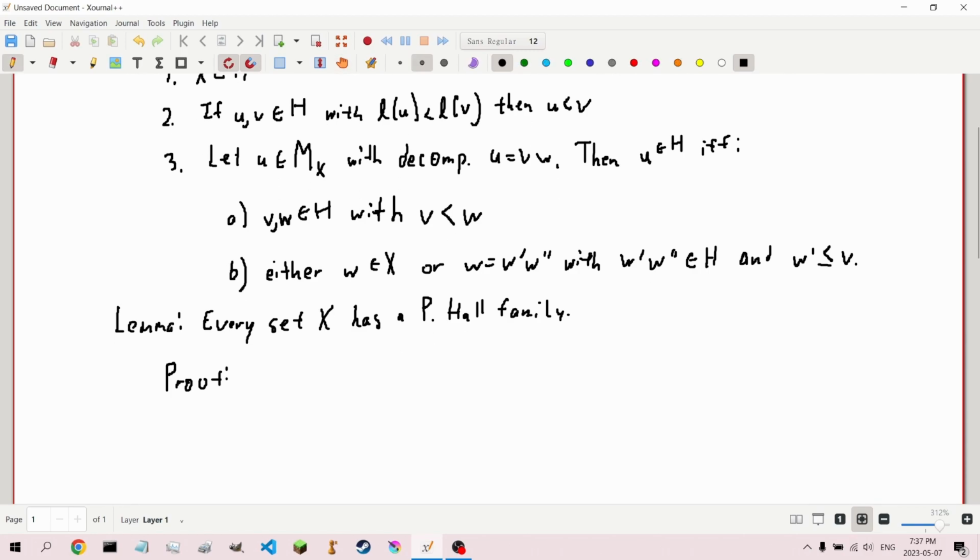So actually, I don't know that the proof is by induction, but we define by induction this set H^n to be the intersection of H with X^n.